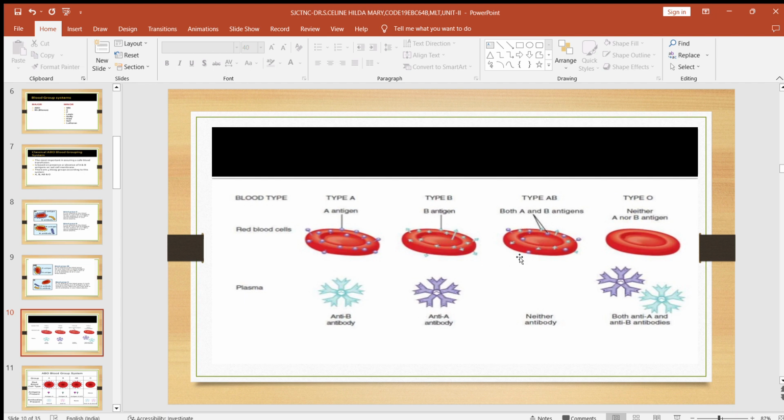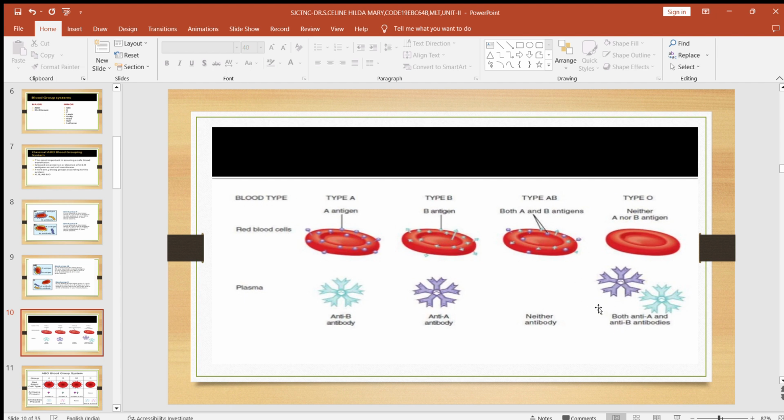In the AB blood group, both A and B antigens are present on the surface, but neither antibody is present in the plasma. But in the O blood group, no antigens are present on the RBC, but both anti-A and anti-B are present in the plasma.